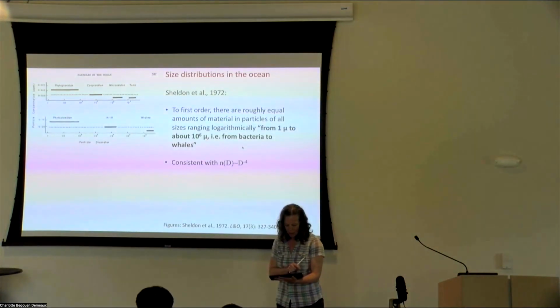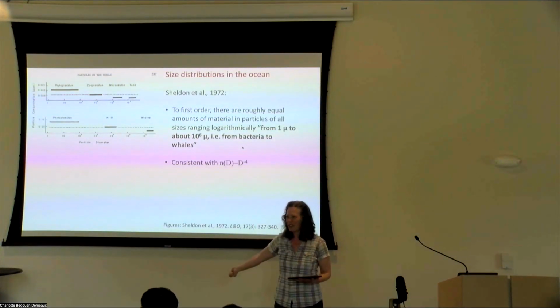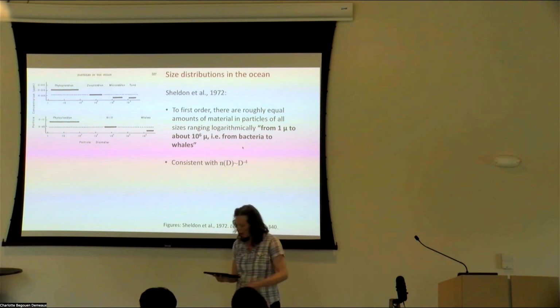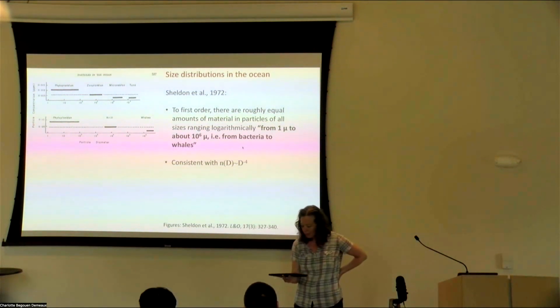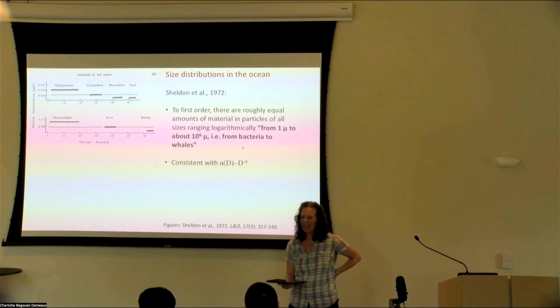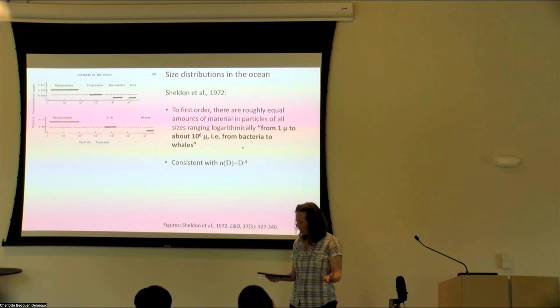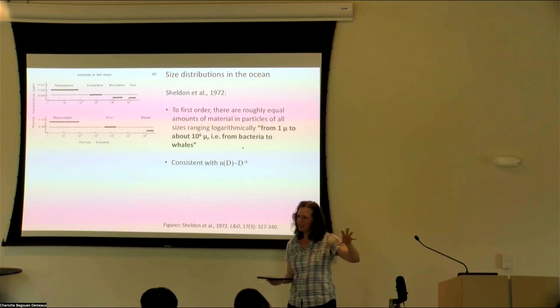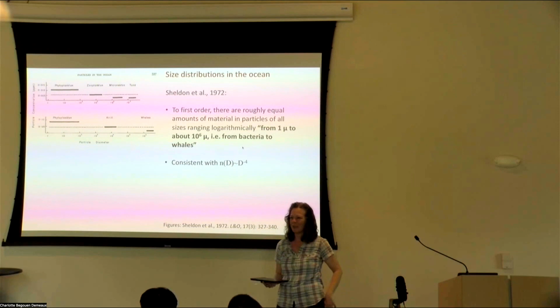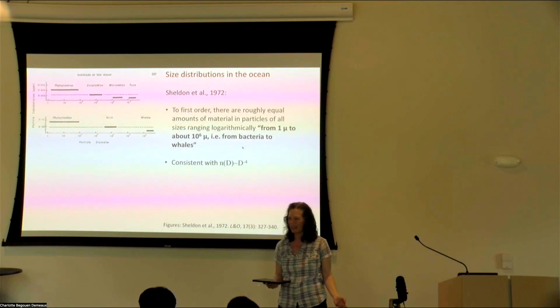All right. So I'm going to start by going back to 1972 to an interesting paper, Sheldon et al., which postulated that, first order, there's roughly equal amounts of stuff, of matter, in particles in log-spaced size bins in the ocean, going all the way from bacteria to whales, right?